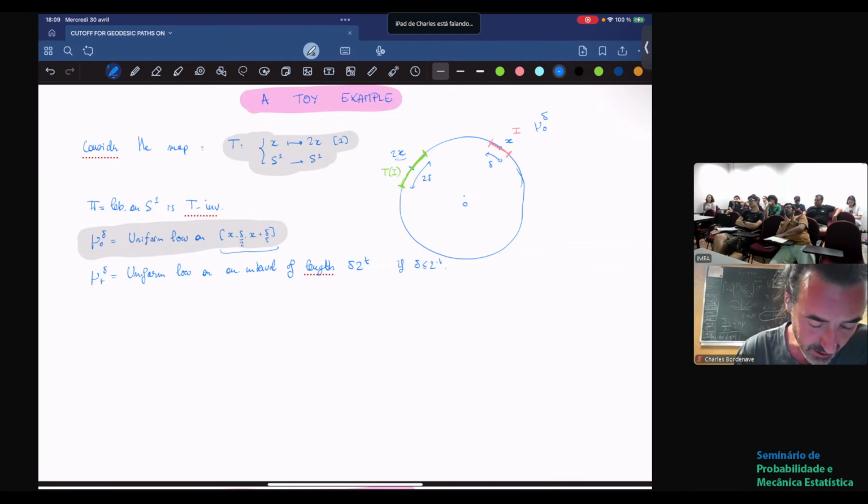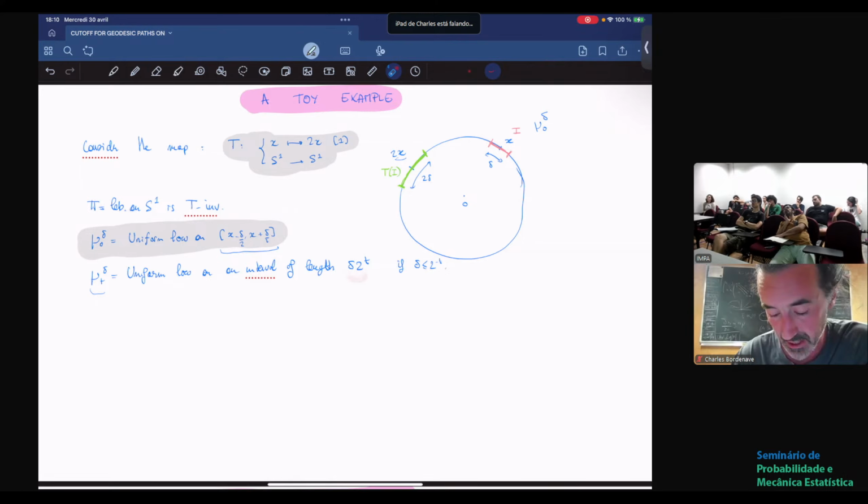And more generally, if you apply your map t times, you will circle around the circle many times when t is large, but at time t, your law mu t delta will be a uniform law on an interval of length delta times 2 to the t, because every time your interval is doubled, provided that delta times 2 to the t is less than the total length of my interval, which I have set to be 1.